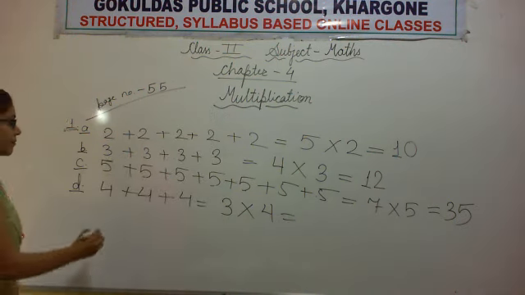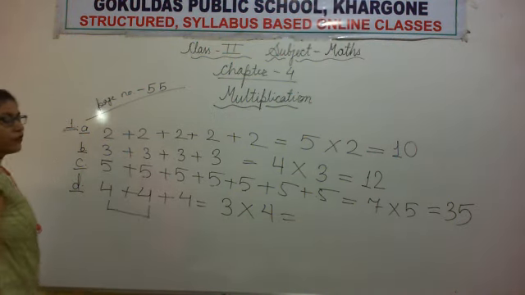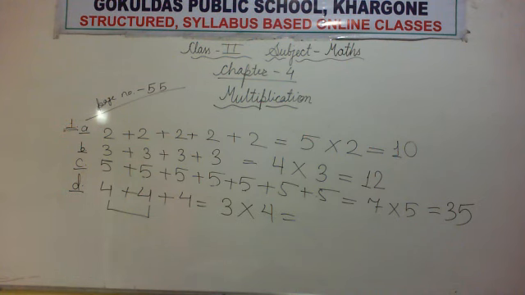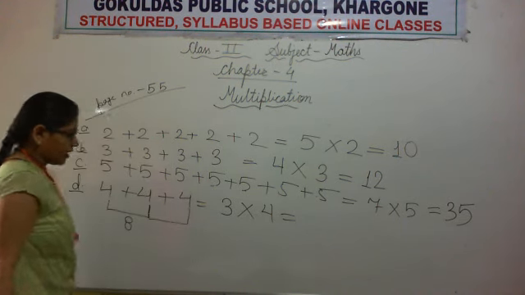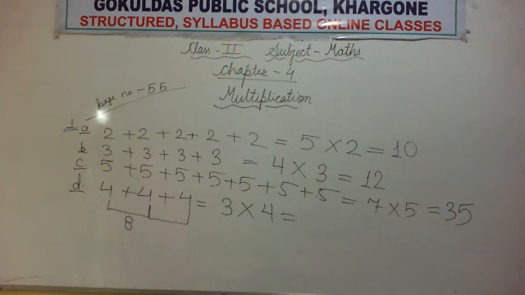Now let's add them. 4 plus 4. All of you add 4 and 4. Yes, so 4 plus 4 is 8. Now 8 plus 4. Now add 4 more.